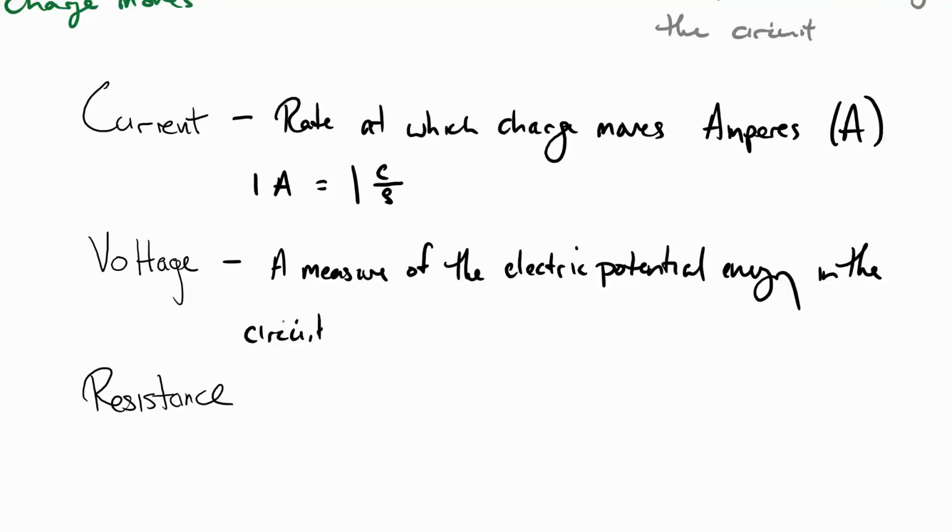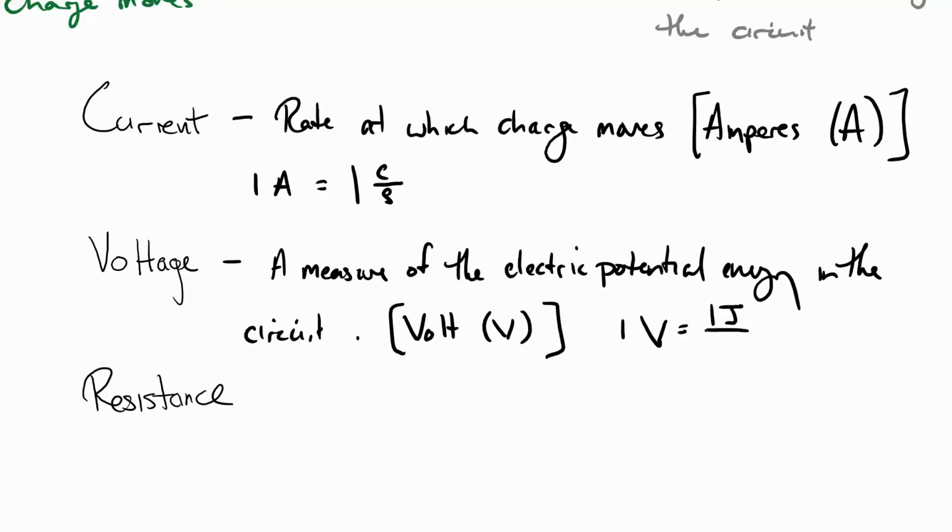The unit of voltage is, shockingly enough, the volt. All of those puns were intended. And 1 volt is 1 joule per coulomb.